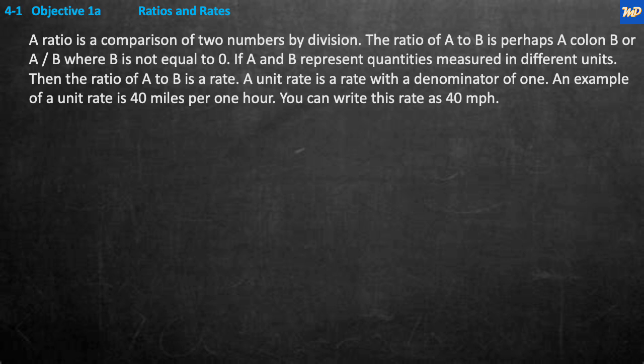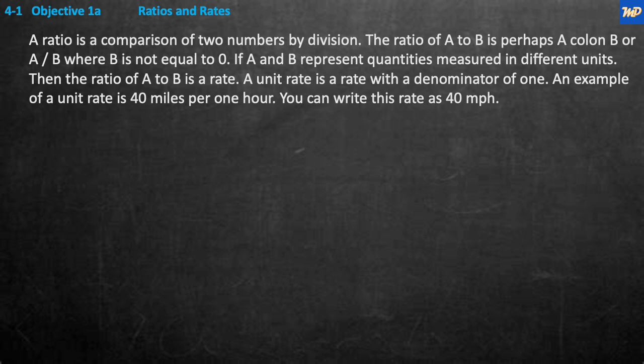Okay, objective 1. The slide is 1A because there's going to be another slide that fills in the rest of this objective, but I'm not going to be presenting it at this moment. Ratios and rates. A ratio is a comparison of two numbers by division. We talked about this in the definitions above. The ratio of A to B is A colon B, or A divided by B, where B is not equal to 0.